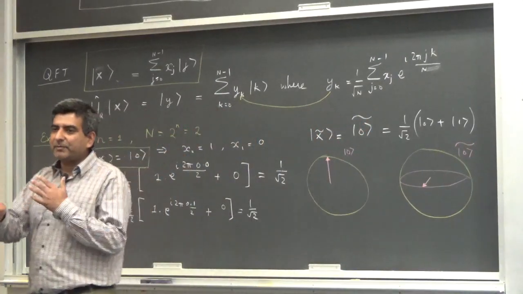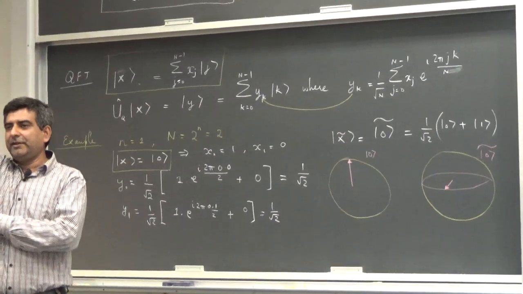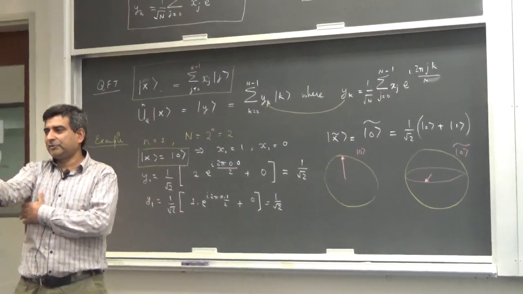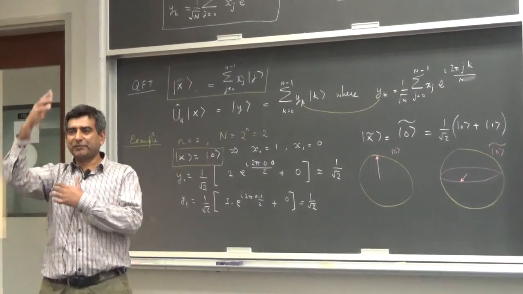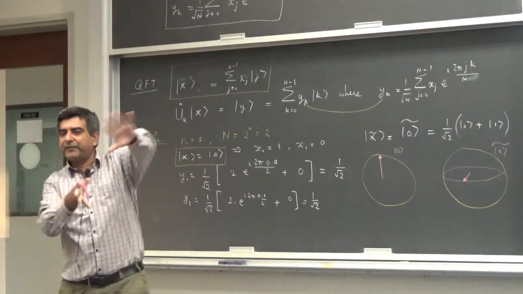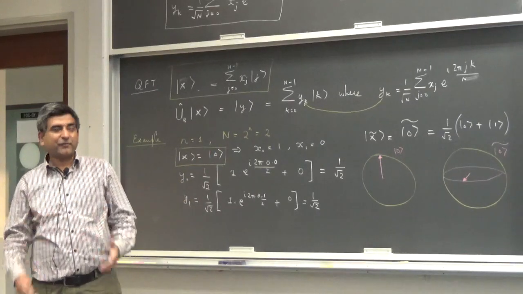So what a Fourier transform is generally doing is that it is taking a computational state ket 0 and getting phases out of it. So here the phase is 0, but if you were to do this for higher dimensions, you will get some phase on the equatorial plane. So it's creating phases. That's what quantum Fourier transform generally does.